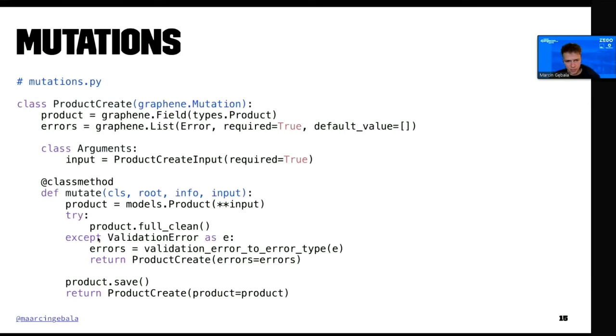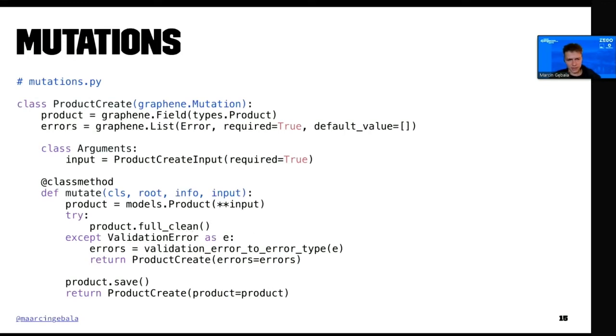What is most important here is this mutate function. So this is basically the resolver of that mutation. So what we want to do here is to get the input data and create a new product instance. So we are doing that in this first line. Input represents the incoming data. We populate our newly created instance with this data. Then we can run some basic validation. So in this simple example, I'm using full clean method from Django models.